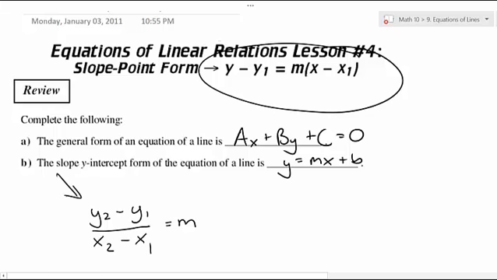Really, it comes from what a slope really is. So a slope is (y2 - y1) over (x2 - x1). Now, if we multiply both sides by the same thing, we're not going to change anything, so we multiply both sides by x2 - x1.